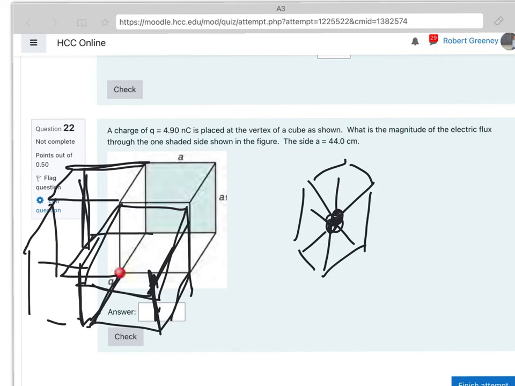So 1/8 of the flux goes through this cube, but it comes out through 3 faces. So what's that? That's 1/8 times 1/3 through any one face. It's 1/24 of the flux. You have the answer. Can you picture it?